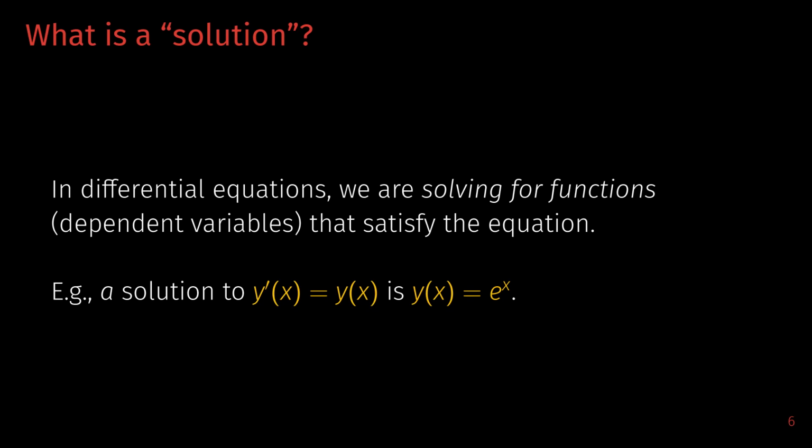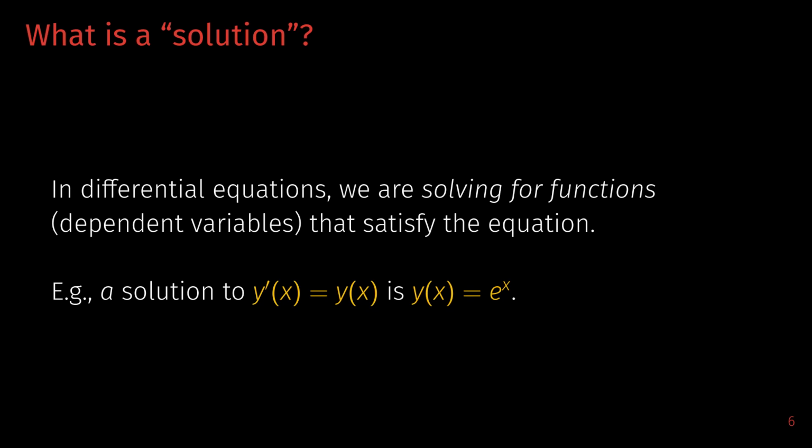Now I claim that a solution to this equation is y of x is equal to e to the power of x. How can I prove something like that? Well, I simply plug that into the equation. For the left-hand side, I have to differentiate this expression, that is e to the x, and of course the derivative of e to the x is e to the x.